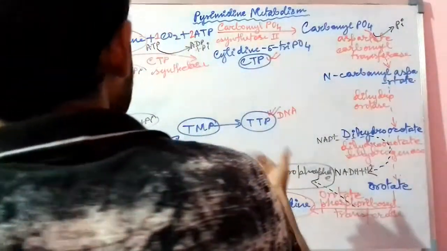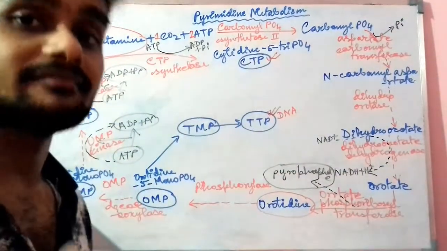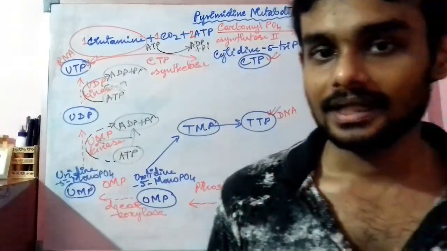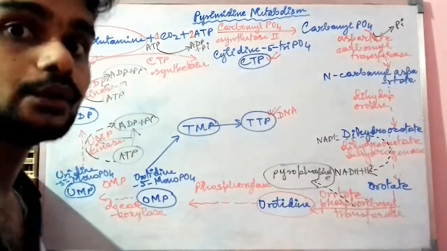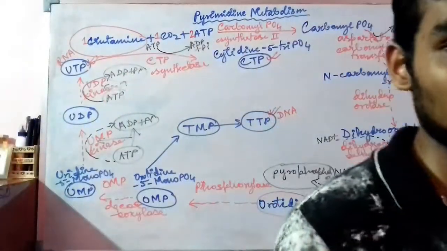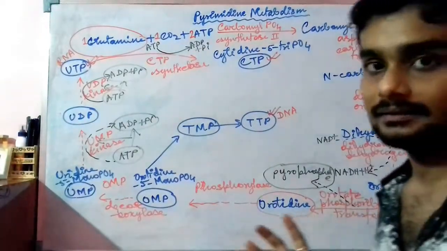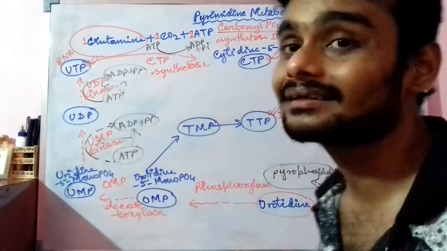Even in this case also, ATP to ADP plus Pi is happening because it is very evident for the formation of stable or mature nucleotides in the purine metabolism de novo as well as in the pyrimidine metabolism too. So this is how the entire de novo pathway of pyrimidine metabolism happens, that is, the synthesis of the pyrimidine class of nucleotides.